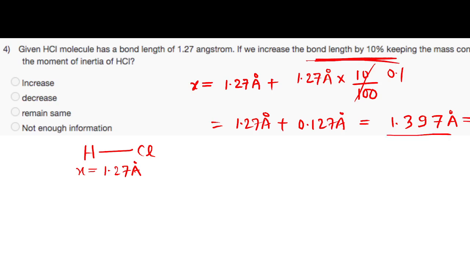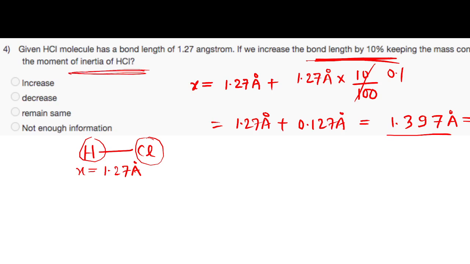Let's say we call this y. Okay, and we are not changing mass of hydrogen or chlorine. We are not using different isotopes, we are keeping the same, simply we are stretching the bond. So what will happen to moment of inertia?